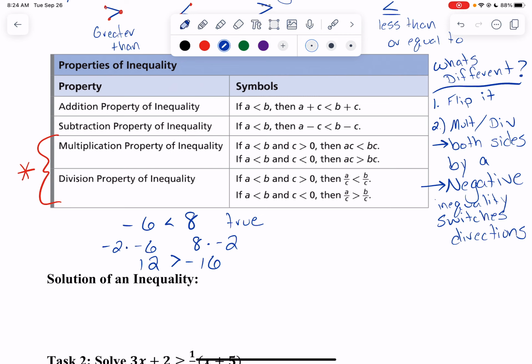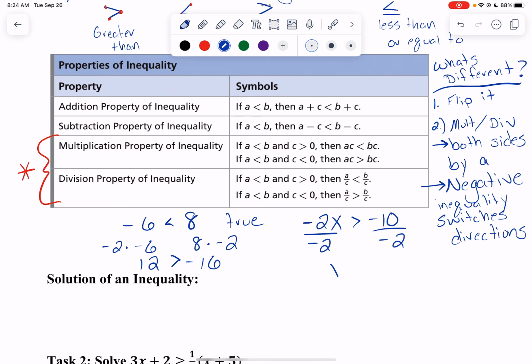That holds true when dividing as well. Let's say I have negative 2x is greater than negative 10. Right now both sides are negative, and so this side is in fact bigger than this one. Our normal situation here is we want to divide both sides by negative 2. But I'm dividing both sides by a negative.